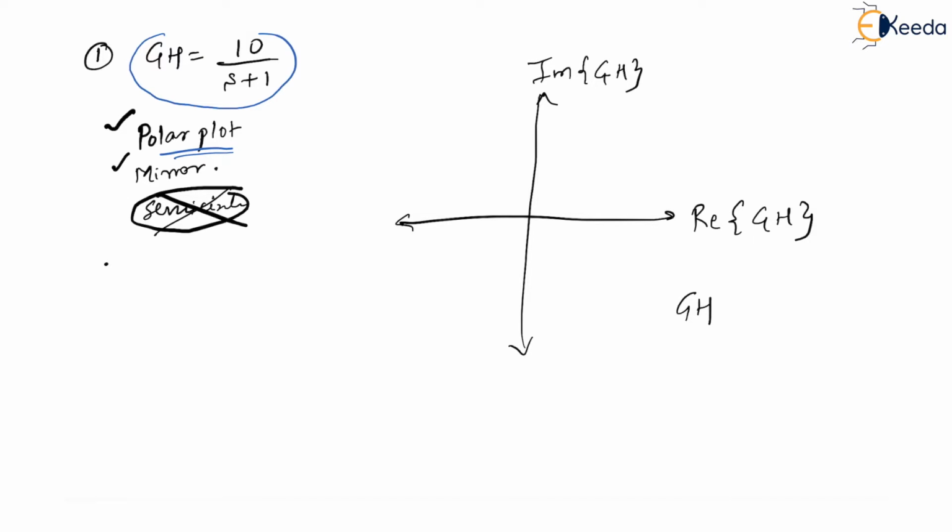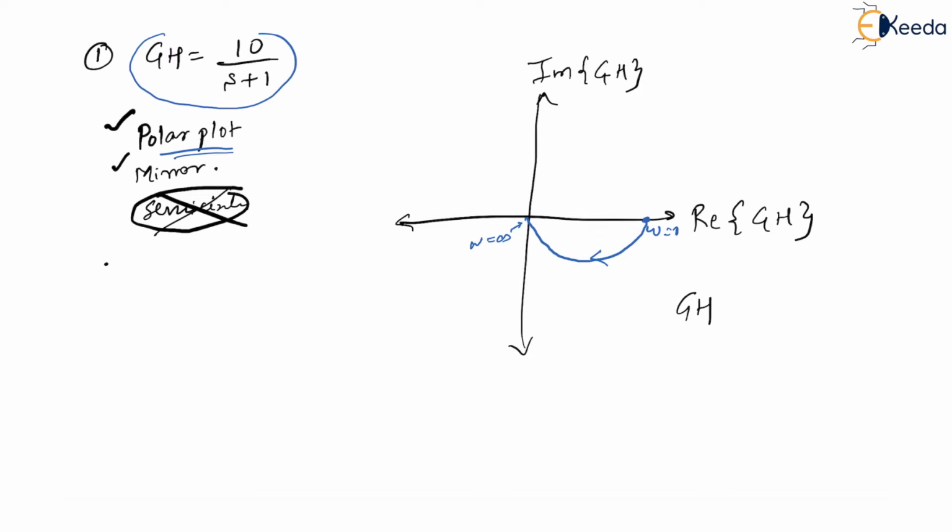So it will start here and the polar plot is going to end here. This is the polar plot where this is omega equal to 0 and this is omega equal to infinity.